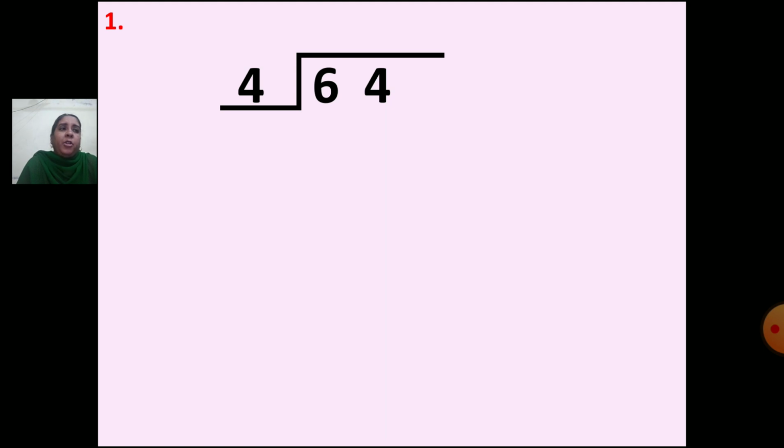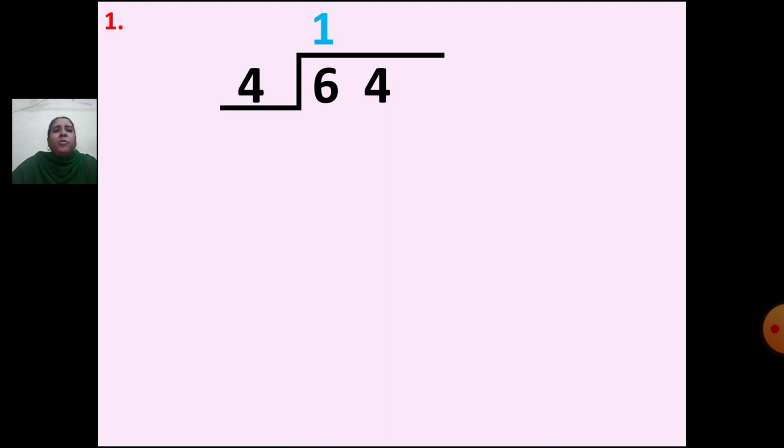So 64 divided by 4, how are you going to do it? We will take one number first. Okay. Now in table of 4, which number will you take which is less than 6? 4 ones are 4. 4 twos are 8. You cannot take 8. 8 is bigger than 6, right? So which number will you take? 4 ones are 4.